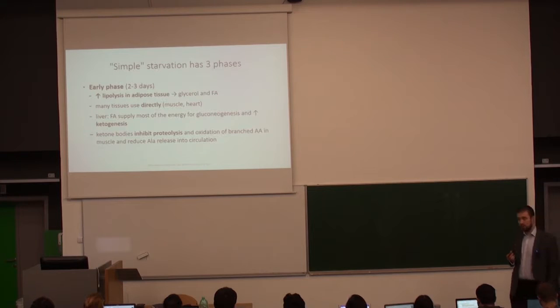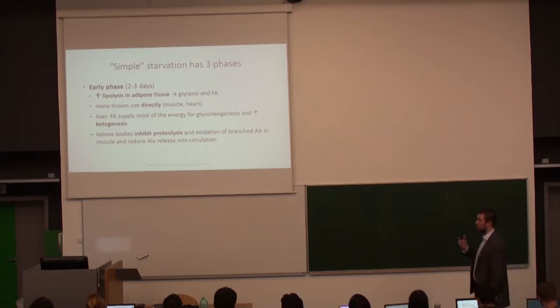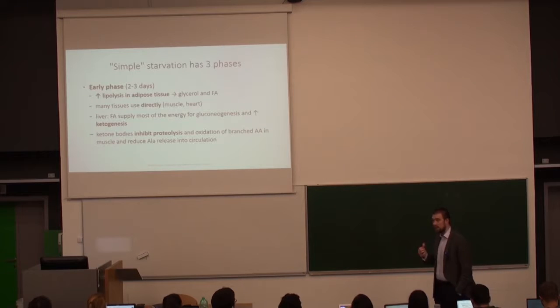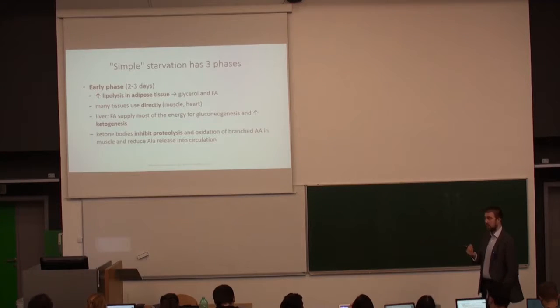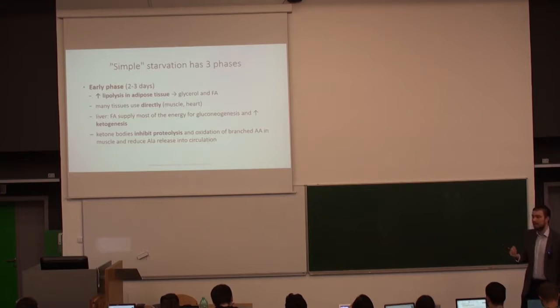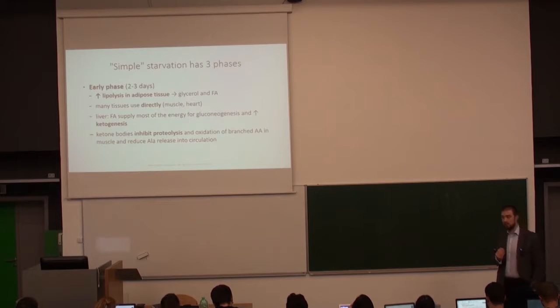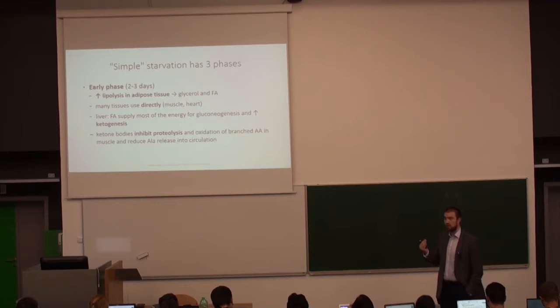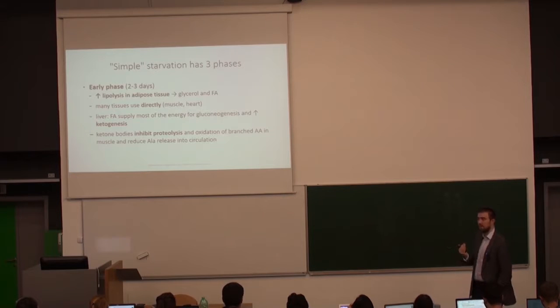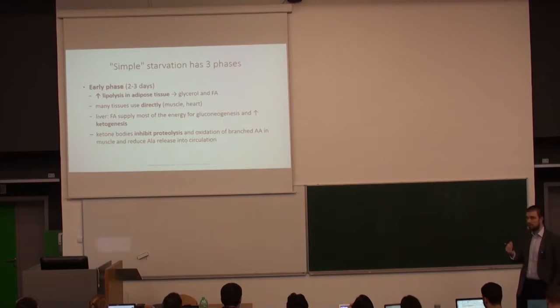What happens in other organs? Of course, in adipose tissue, you have an increase of lipolysis, and the released fatty acids and glycerol are utilized typically in the liver. Glycerol is the source of carbon skeleton for glucose, plus fatty acids are metabolized at the level of the liver.